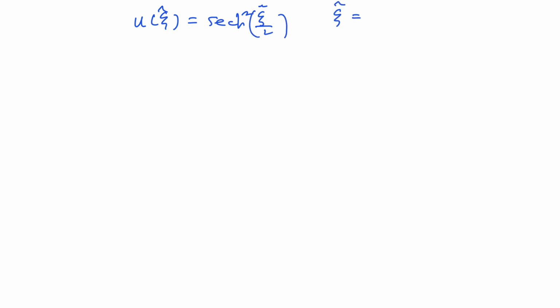Psi tilde is square root of a x minus a t, right? The solution looks like this.